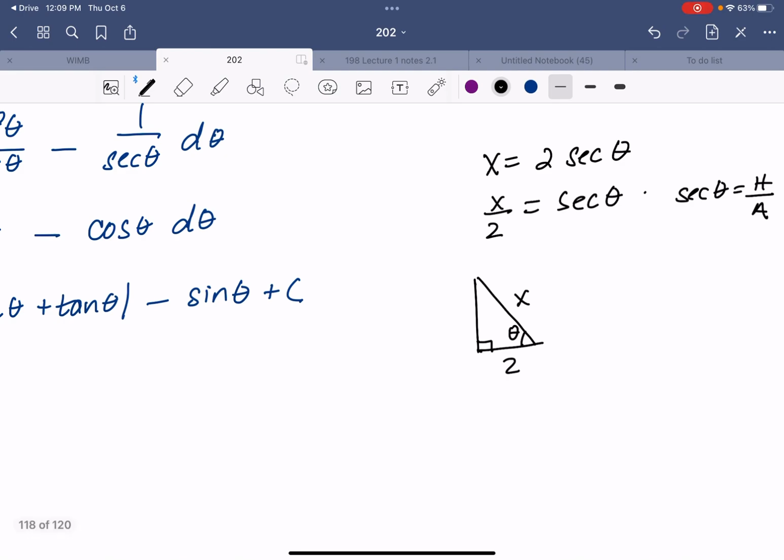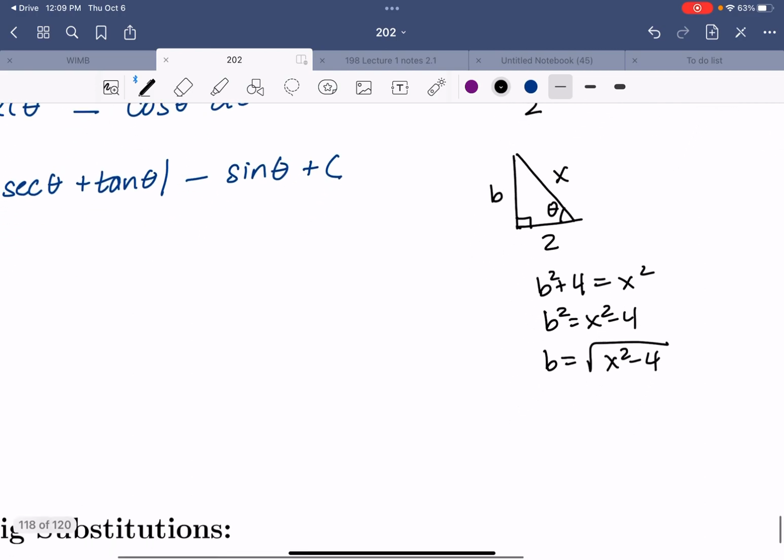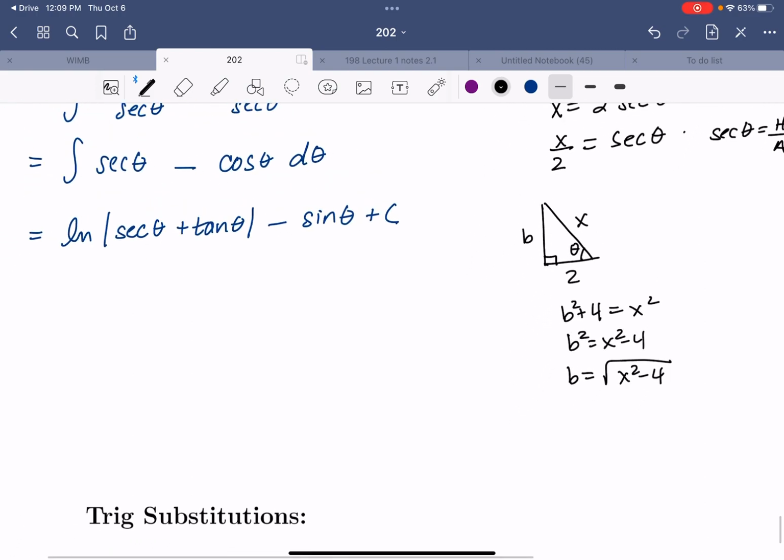So in order to find that third side, I'm going to call it b. We get b squared plus 4 equals x squared. Subtract the 4, b squared equals x squared minus 4, and b is the square root of x squared minus 4. Okay, so that tells us that this side is the square root of x squared minus 4.